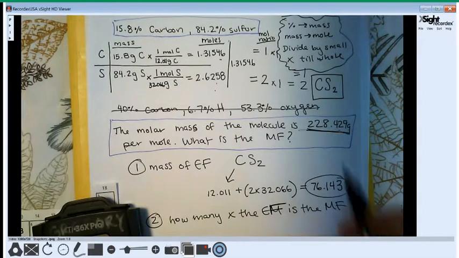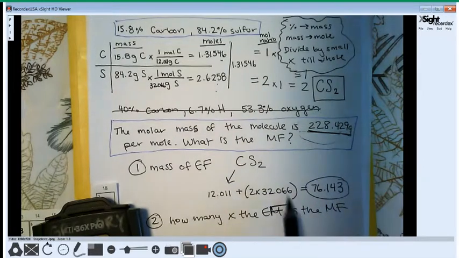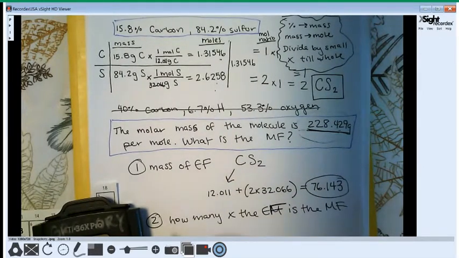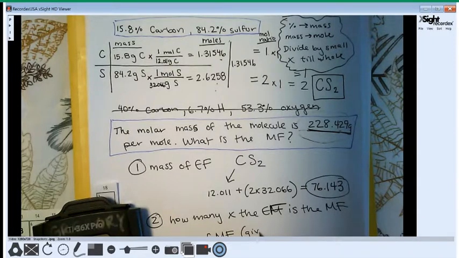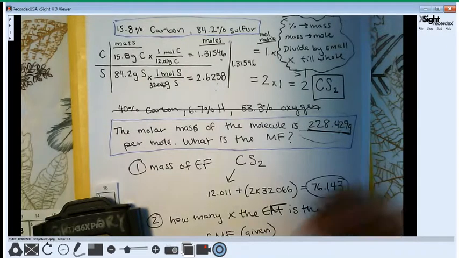And to do that, we can divide the mass of the molecular formula, which is given, by the mass of our empirical formula, which we just found.